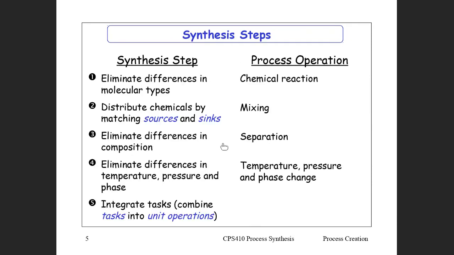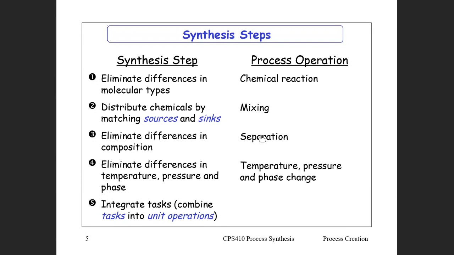All right, so this is what I was talking about. Those 5 steps, which we call the synthesis steps, is actually very much easier translated into, number 1, figure out which chemical reaction you're going to use. Distribute the chemicals. Here it says mixing and recycling. So the recycle is important here. Separation.